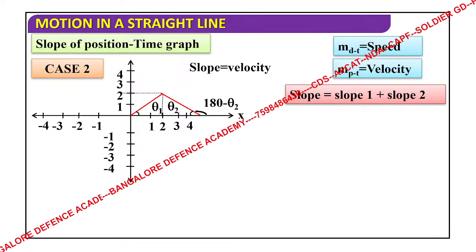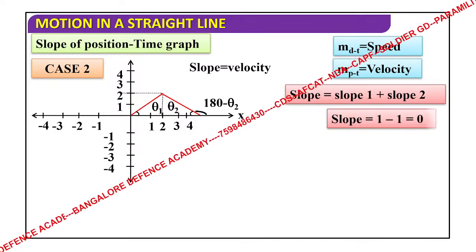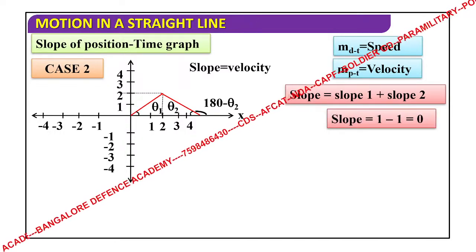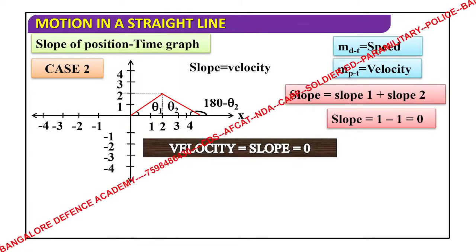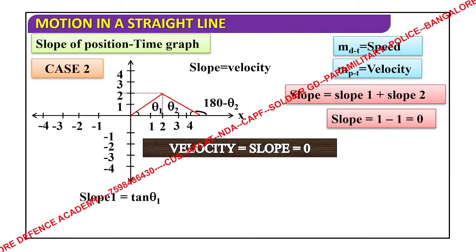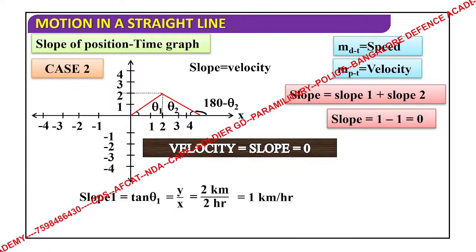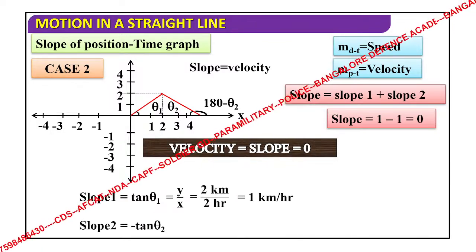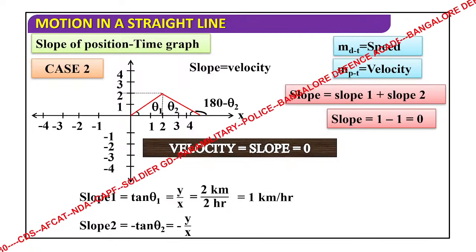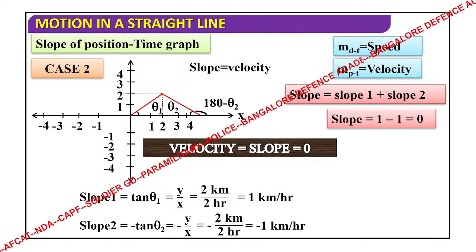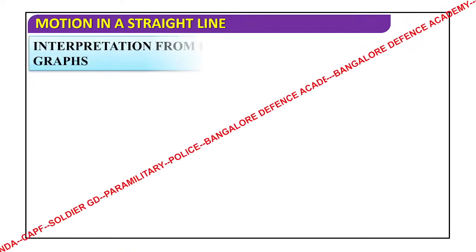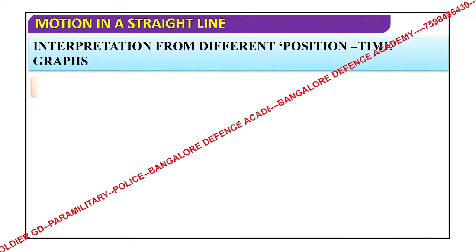So the total answer will be slope of the first plus slope of the second will be equal to 0. So velocity slope will be equal to 0. Okay, so now tan theta is equal to 1 and the slope of the second line will be negative. So the answer is 0. Plus 1 minus 1 will be equal to 0. We have understood from this.